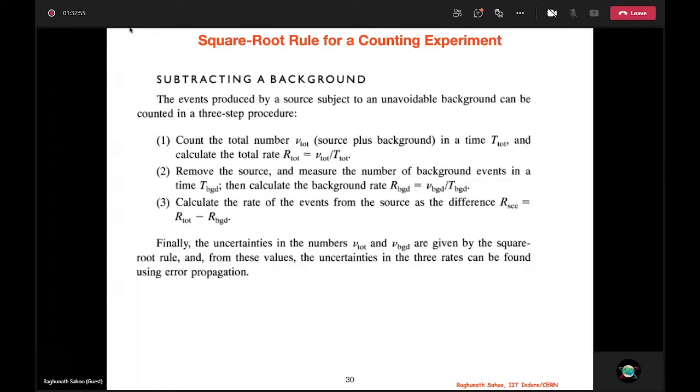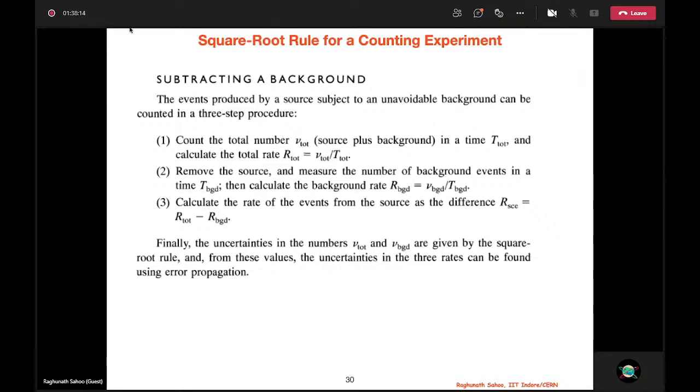Now to calculate the background, you remove the source and measure the number of background events. For background estimation, people usually do not go for a longer interval of time, so your T background is not equivalent to T total, it is much less. Then you calculate similarly the background rate.